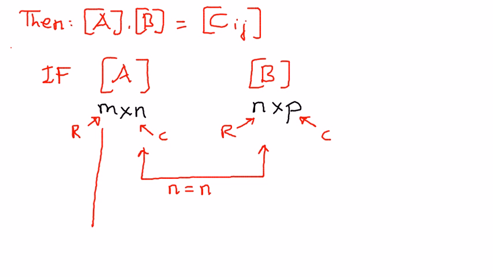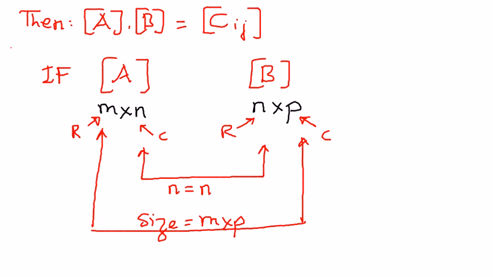We look at the number of rows in the first matrix and the number of columns in the second matrix, and we pick those as the size. The size of the matrix can be read out as an M by P matrix.